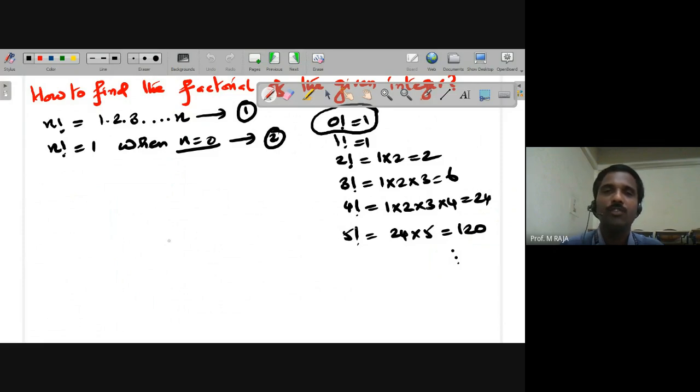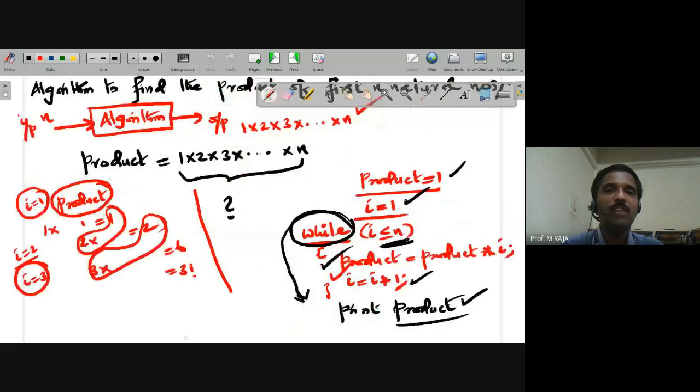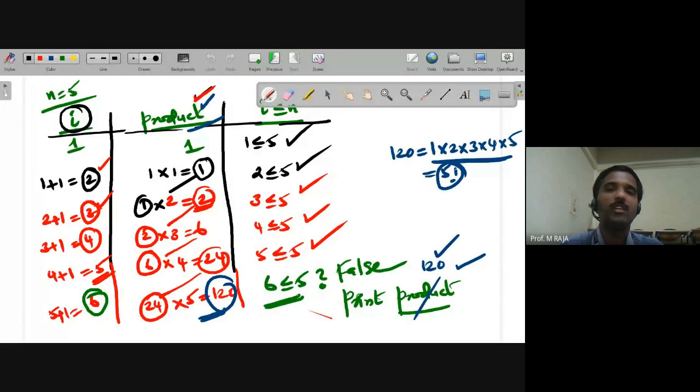Factorial is computed using the flowchart that we have written, and the algorithm to find the product of first n natural numbers. That means the algorithm to find the value of n factorial has been written. The flowchart has been written. We have checked the flowchart to see if it is working correctly for all possible values of n.